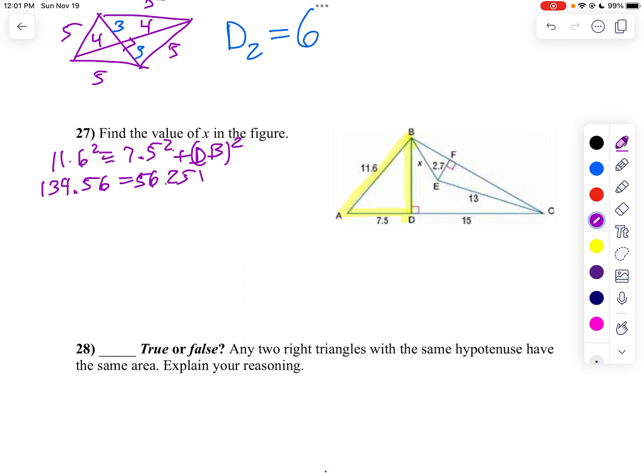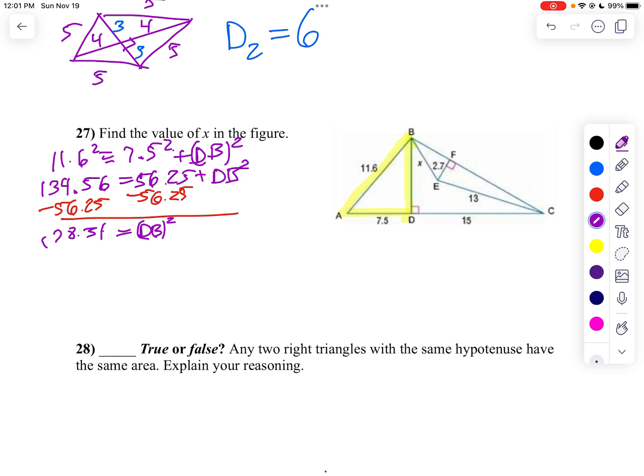Plus DB squared. Now, let's subtract 56.25 from both sides. So if we take 134.56 minus 56.25, we end up with 78.31 equals DB squared.